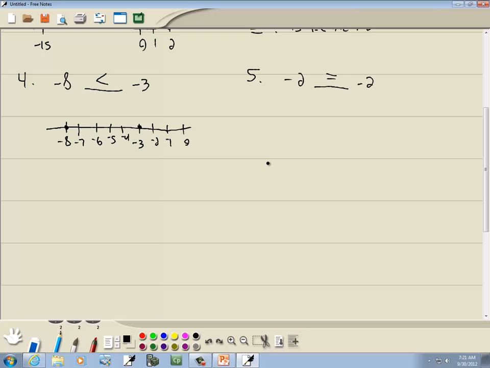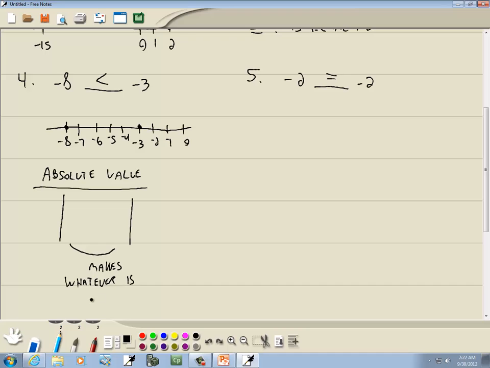Now, next thing we're going to talk about is absolute value. So if we got absolute value, it's indicated by vertical bars like that. And basically it makes whatever's inside positive.